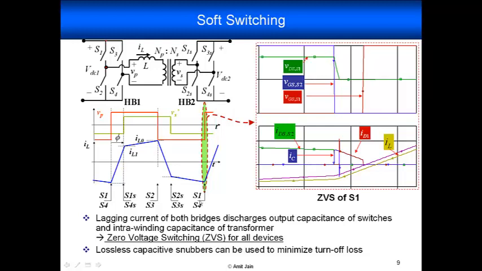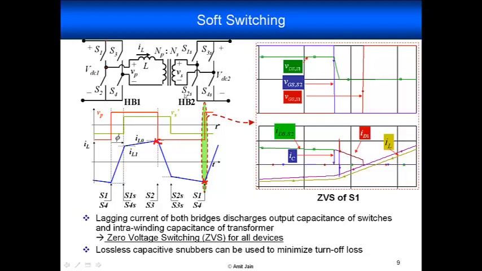The transition for S4, as we said earlier, is identical to S1. The transitions for S2 and S3 are also identical to S1 and S4. We just have to look at the other vertex. So instead of looking at this vertex, we will now be looking at this vertex for S2 and S3. The transitions for the secondary side bridge are a little bit different but similar in nature.